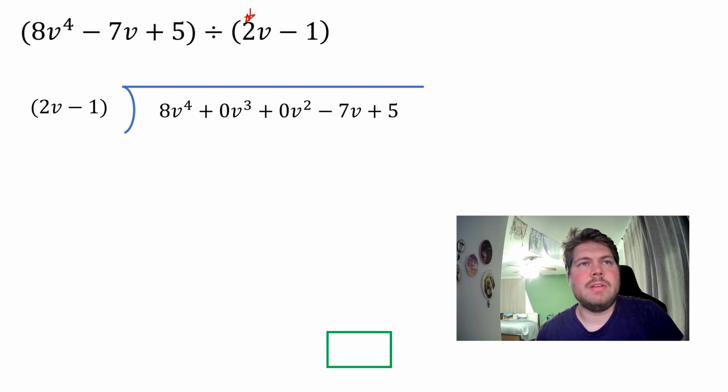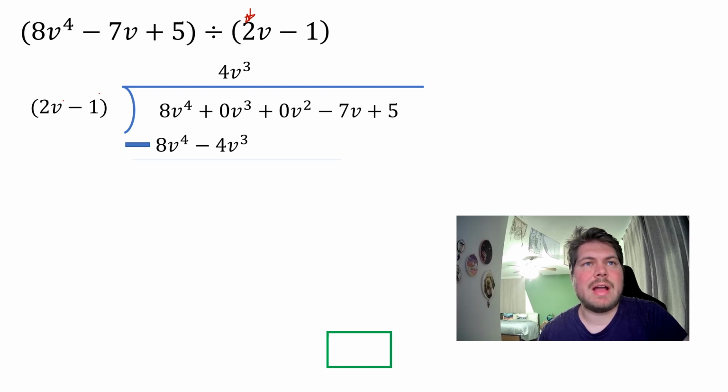Well, we'd need 3 v's on top of this one to make it 4, and we need to do 2 times 4, so 4v^3, because 4 times 2 is 8, and v^3 times v will give you v^4. 4v^3 times negative 1 gives you negative 4v^3, and then we're just going to subtract these two. And so these cancel out. They should always cancel out.